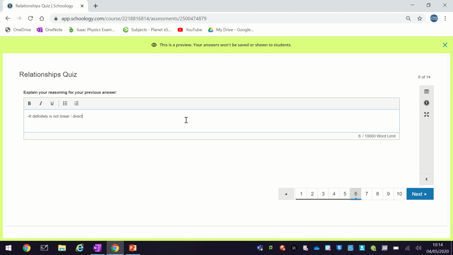So things I was looking for here. It's definitely not linear or directly proportional, and the reason for that is the line of best fit is not straight.